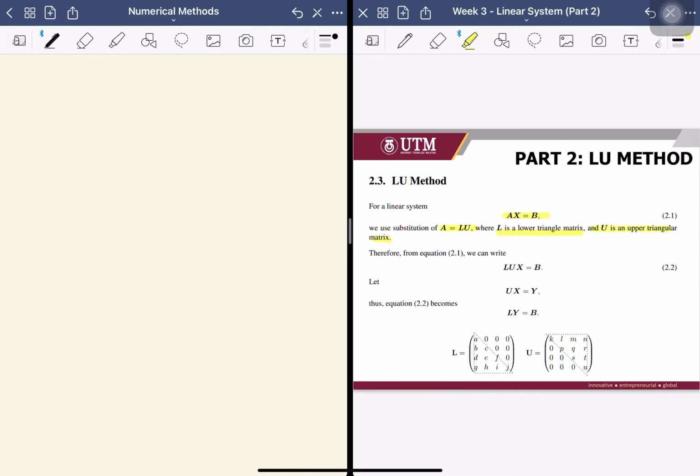I believe that you are familiar with the terms lower triangular matrix and upper triangular matrix.